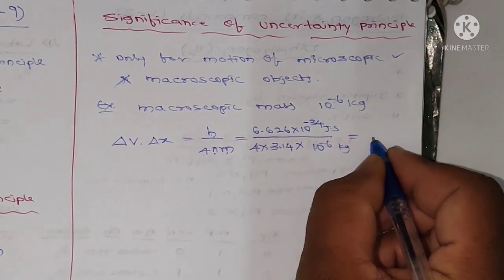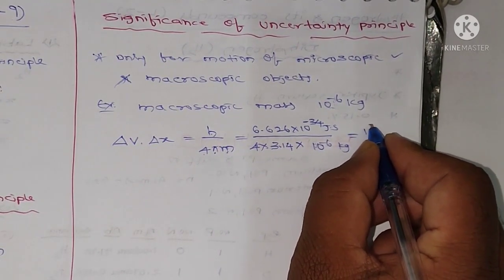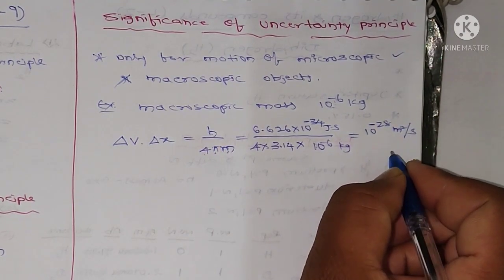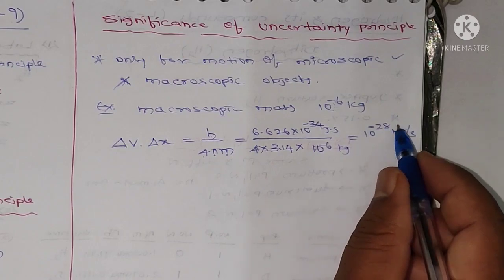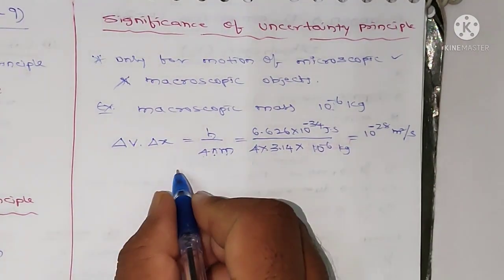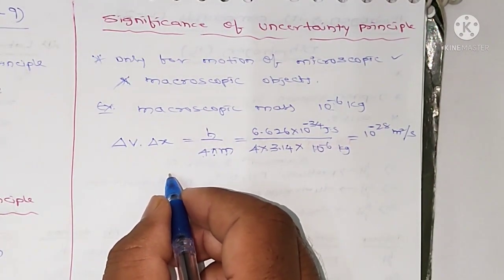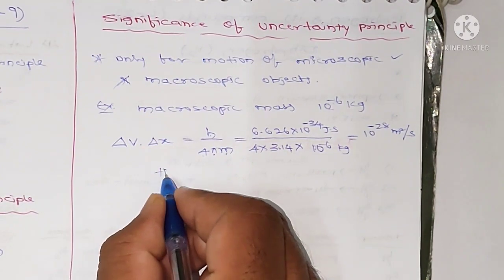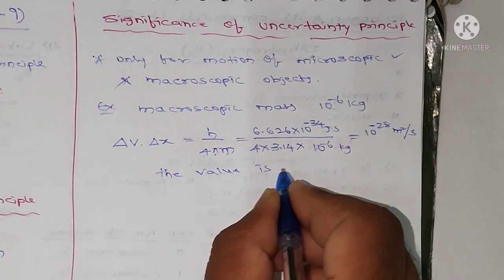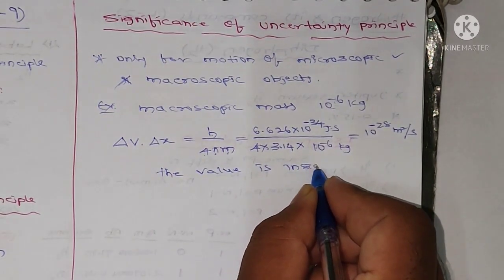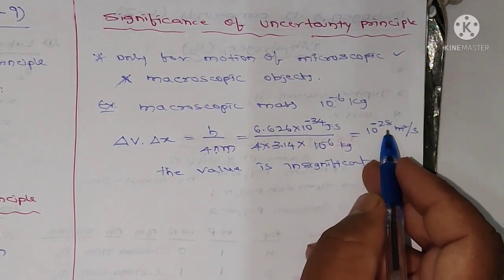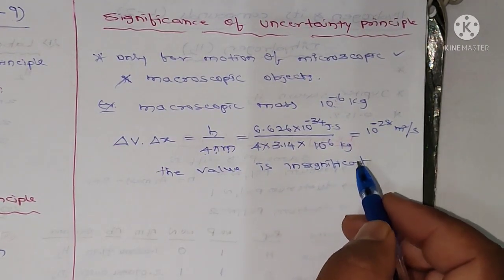If you do this calculation, we will get 10 to the power of minus 28 meter square per second. This value is too small, so the value is insignificant.